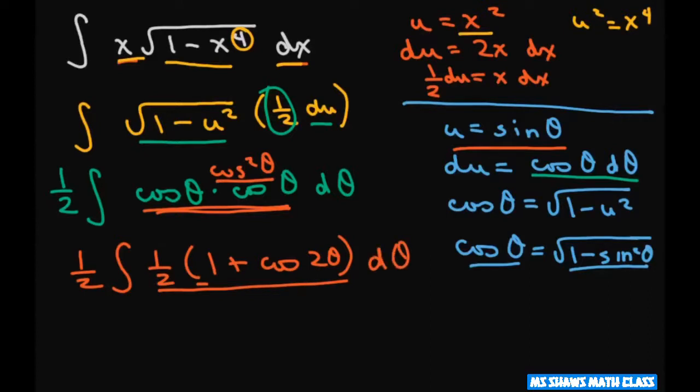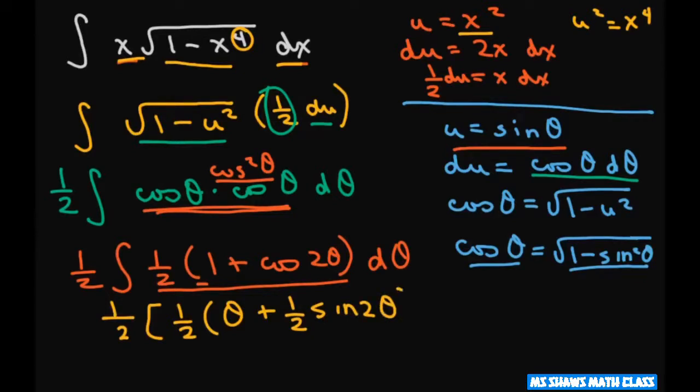Now that we have that, we can integrate this. So we're going to get 1/2 times 1/2 of theta plus 1/2 sine 2 theta, and then you have your plus c.